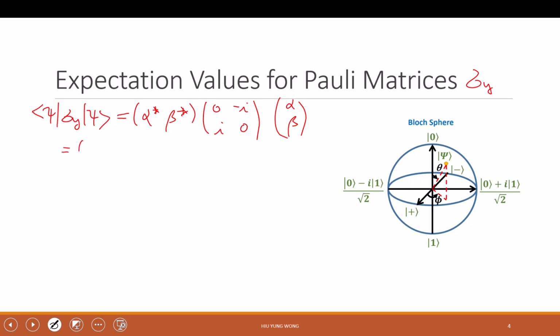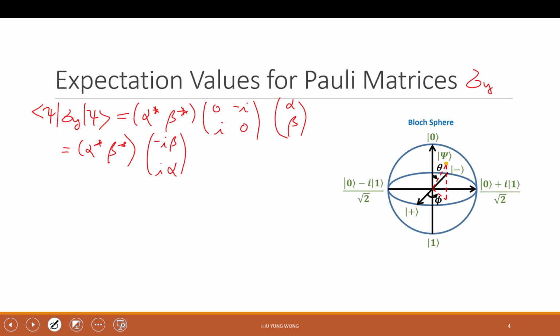Okay, we have done that for sigma x, but now we do it for sigma y. So what is this? This is alpha star, beta star, and I multiply the matrix and the column vector first. What do I get? What is the top element? Negative i beta. And the bottom is i alpha, right? 0 times alpha plus negative i times beta gives me negative i beta. i times alpha plus 0 times beta gives me i alpha.